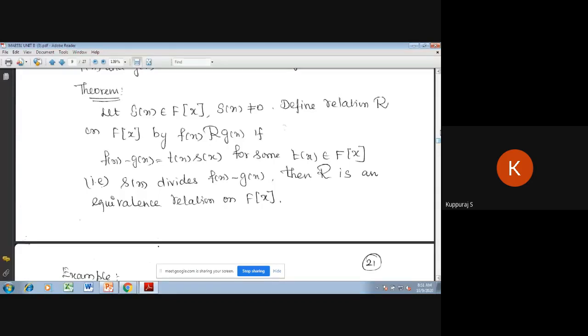Next theorem: let s of x belong to capital F of x, and s of x not equal to 0. Define the relation capital R on capital F of x by f of x is related to g of x if f of x minus g of x is equal to t of x into s of x, for some t of x belonging to capital F of x.